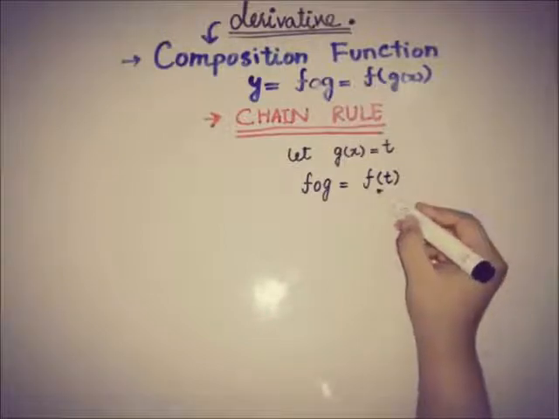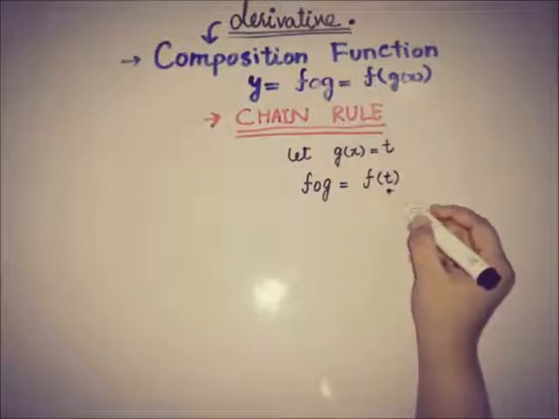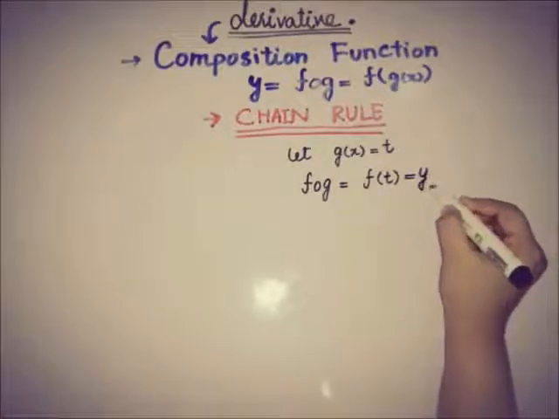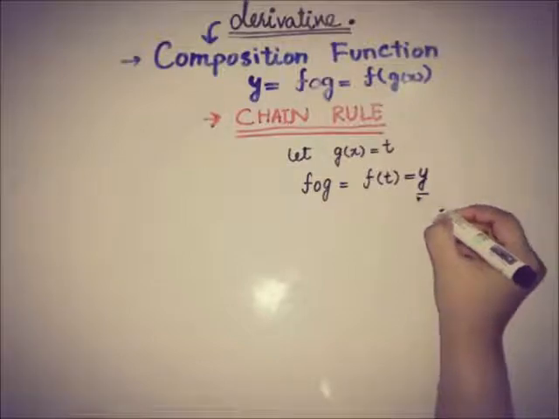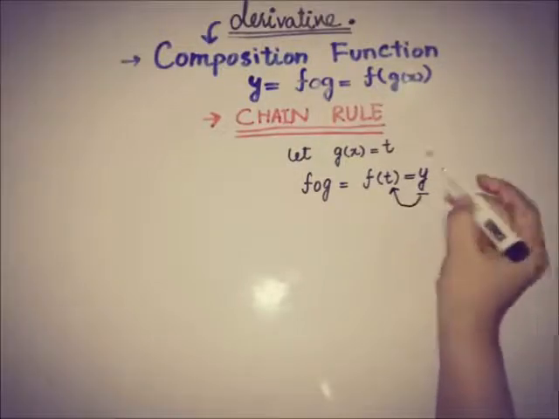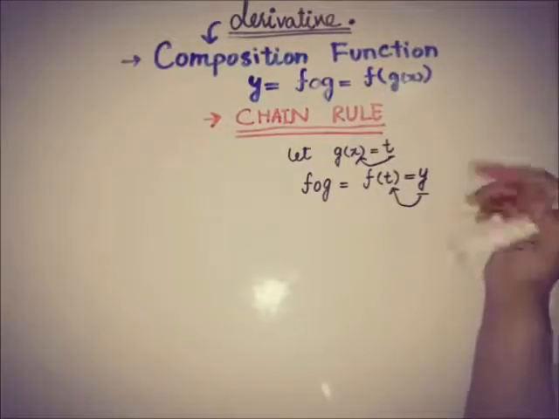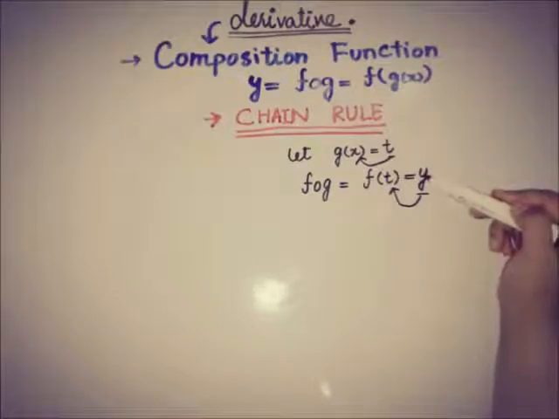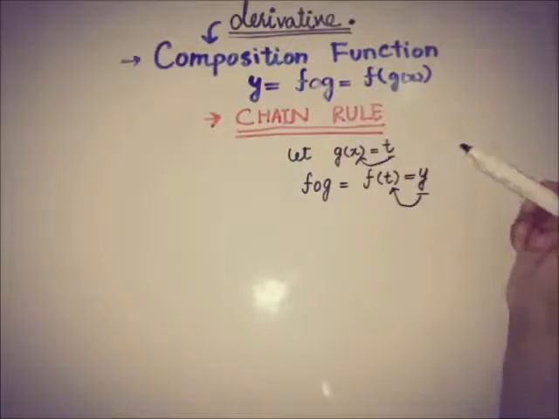Now here f is dependent upon t, and as this is equal to y, eventually y is a function of t and t is a function of x. Here we have two dependent variables, t and y, where y depends upon t and t depends upon x, while x is an independent variable.